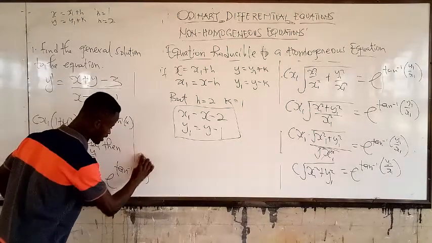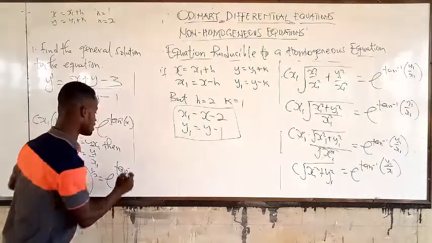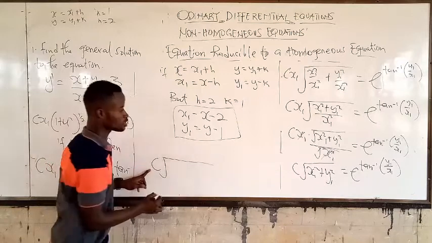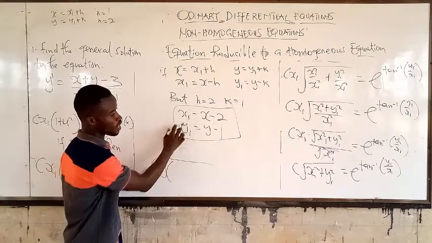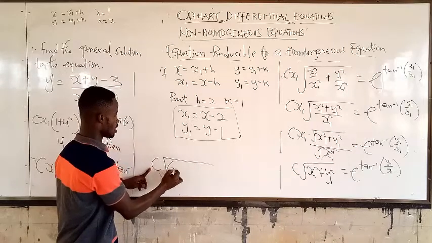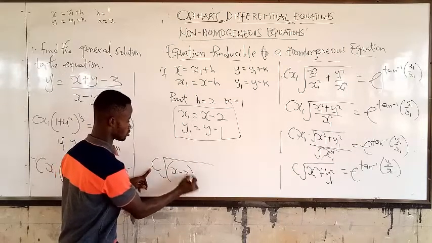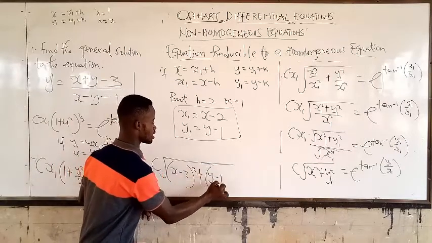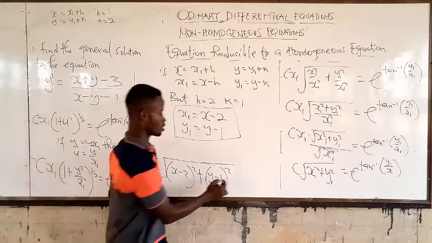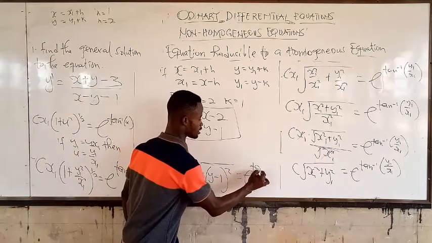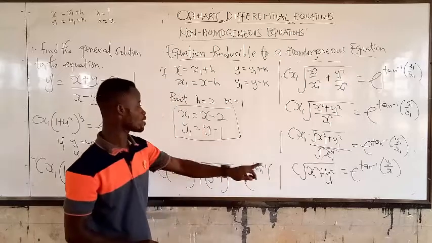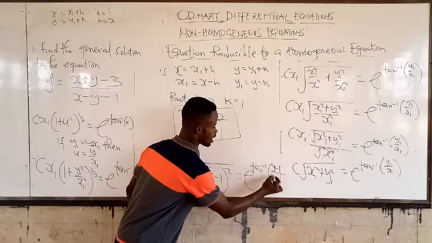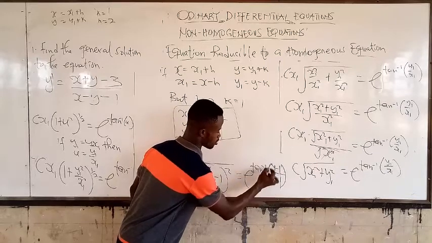So finally, we are going to get our general solution, which is going to be c times the square root of (x minus 2) squared plus (y minus 1) squared, because e raised to the power tan inverse of y1 is what? (y minus 1) over (x minus 2). Alright?